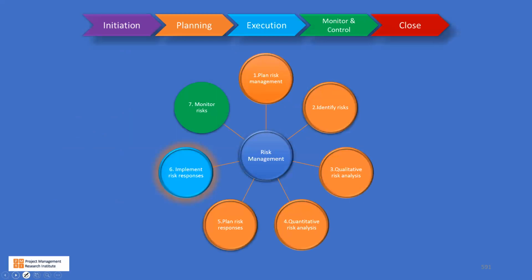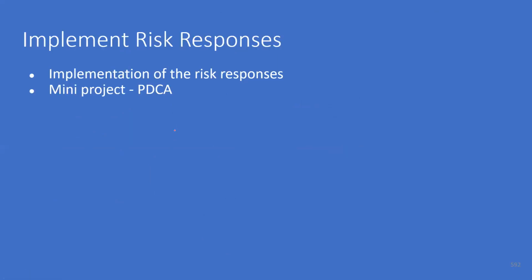Then implement risk responses. It is implementation of risk responses within projects. I consider them as mini projects within the same large project, because every implementation of a risk response or risk preventive action involves planning, then you have to do it.